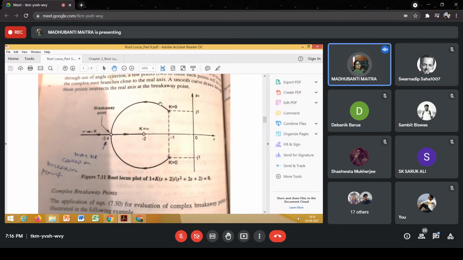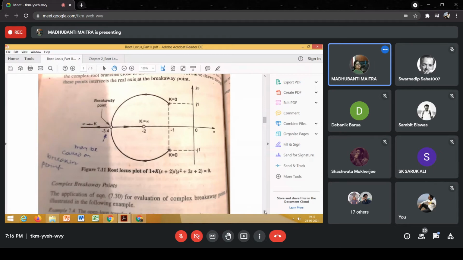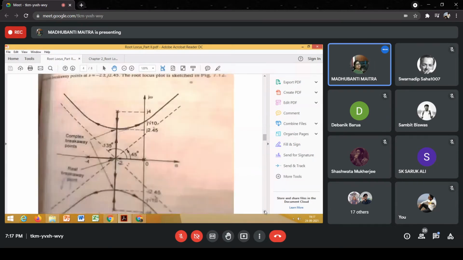Probably this angle will be 135 degrees. But in this case, we see that this complex root branch originating from a complex open loop pole is moving in this direction. That means this angle is minus 90, right?